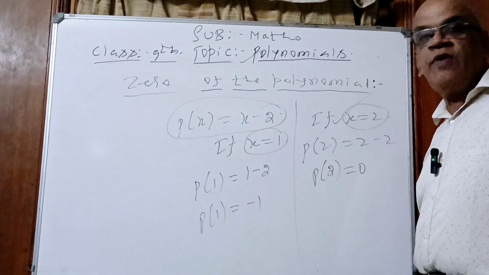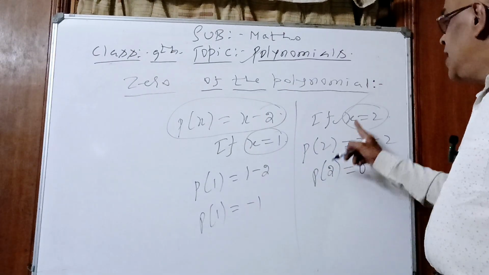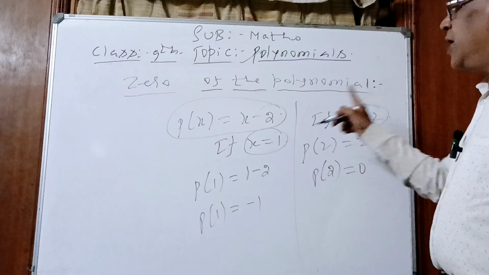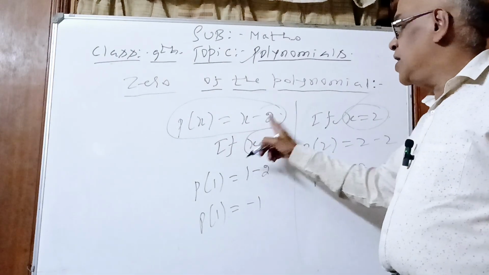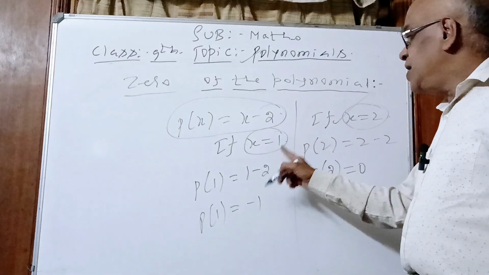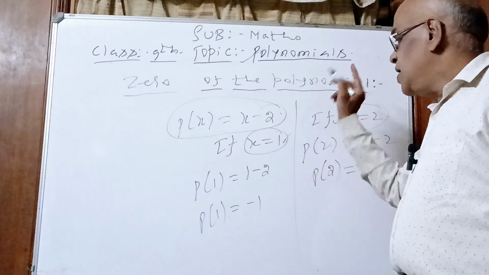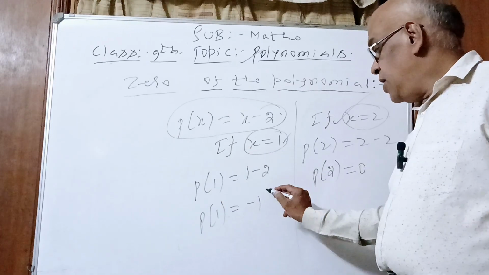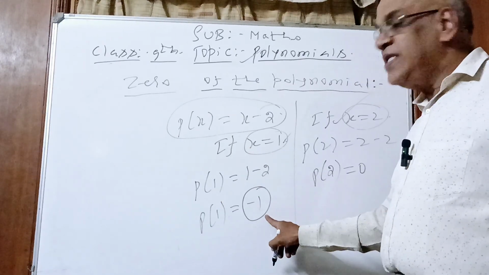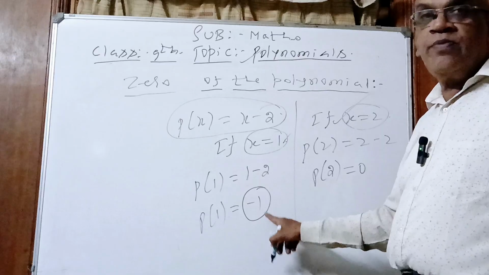This question will also come for 1 mark. Check whether x is equal to 2 or x is equal to 1 is the zero of the polynomial P of x is equal to x minus 2. When do we say that x is equal to 1 is the zero of the polynomial? On substituting this value, children, the answer should be 0. Is the answer 0 here? No, it's minus 1.